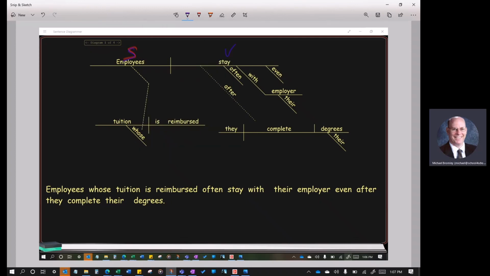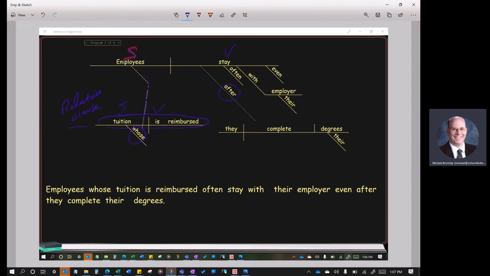Employees stay. And then I told you that this is a relative clause connected by the word whose. Whose is referring to employees. See how that's connected there? So this whose is defining the tuition, which is the subject of my relative clause here. It's called a relative, or sometimes an adjective clause because it's defining employees, and it's requisite information, thus no punctuation.